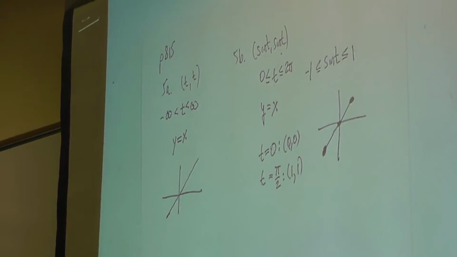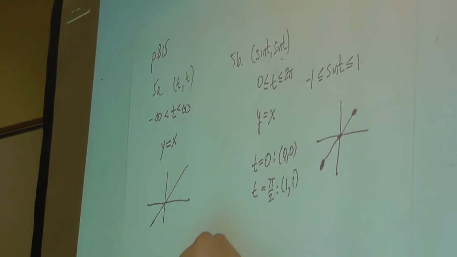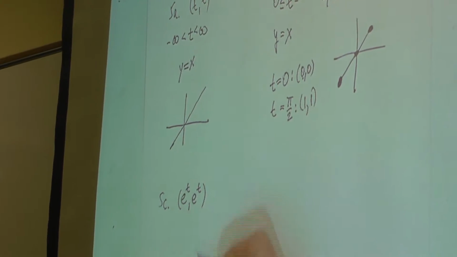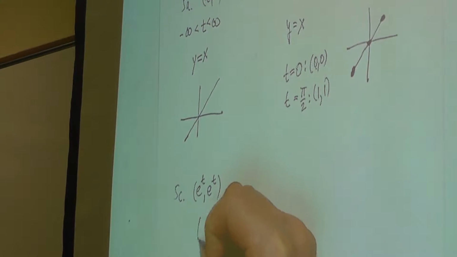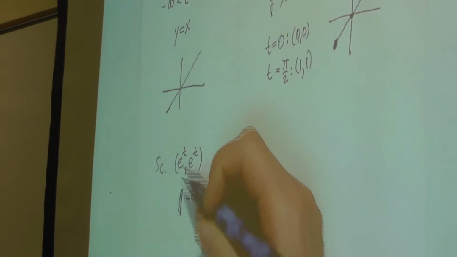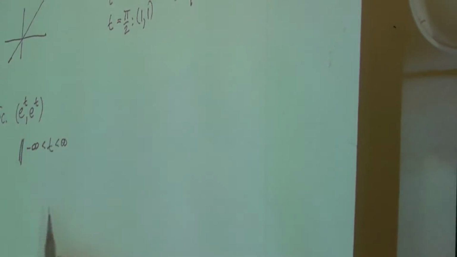With 5c, you're going to have a different issue. You're looking at e to the t, with t going from minus infinity to infinity, but here you're just going up.